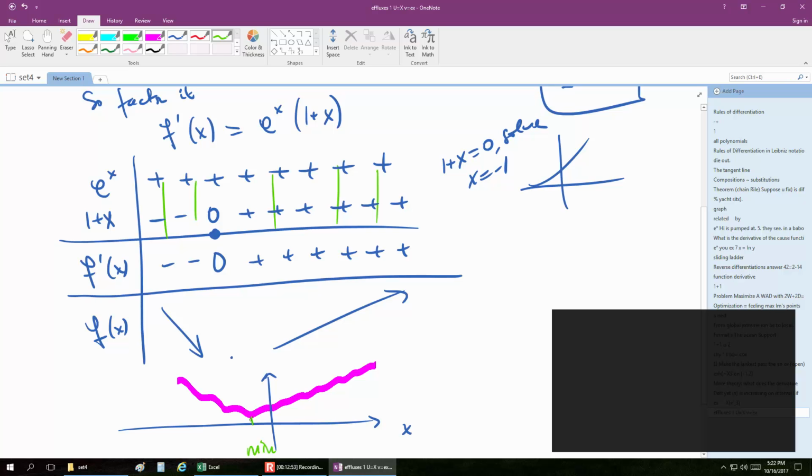But this is really the important part: we have extracted all the information we could from the derivative, and now we have our function. This is y equals f of x. You could plot the derivative as well, but then it's not necessarily easier, especially when you have this few factors.